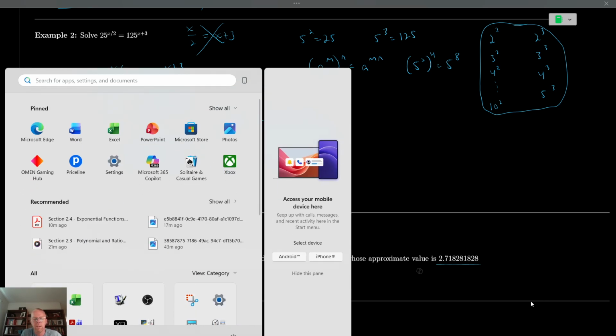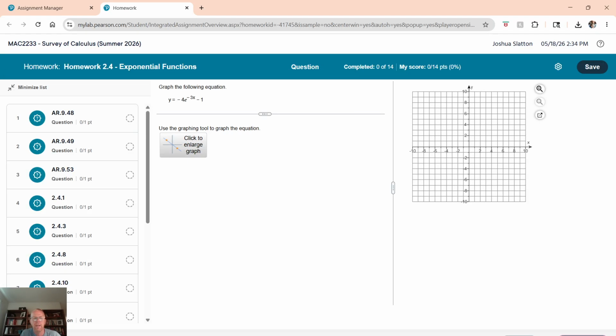So let's go over here to my math lab. I don't know if these are obvious to graph on my math lab, so let's look at this one. This is graphing y equals negative 4 e to the negative 3x minus 1, and e is just the base, so it doesn't matter too much when we're just graphing in my math lab.